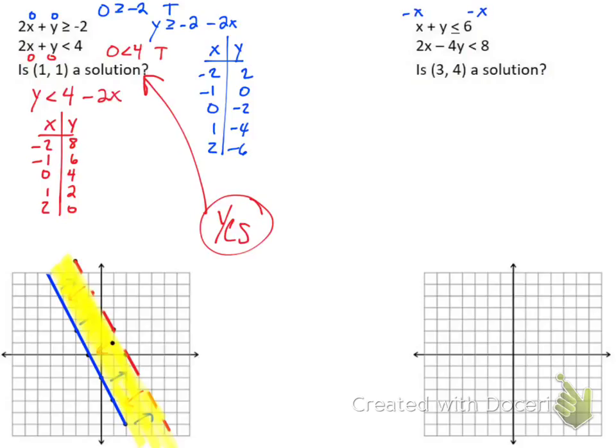Here, again, same thing, get my y by itself. Y is less than or equal to 6 minus x.